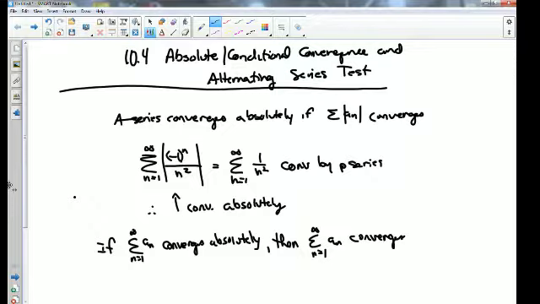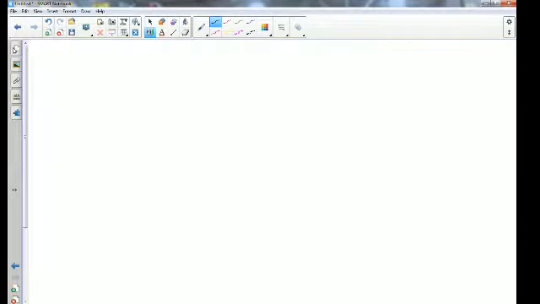So is this kind of a way to simplify it into an easier test? Yeah, it'll lead us to the alternating series test. So let's talk about conditional convergence real quick, and then we will move into the alternating series test.